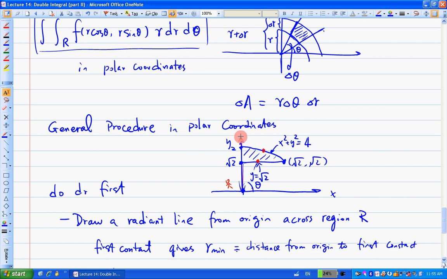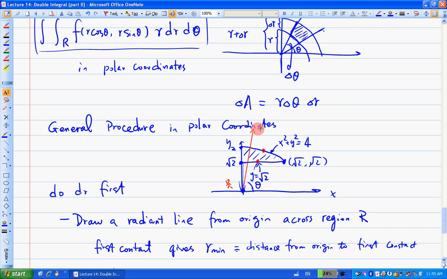Okay, not moving it, just rotate it across this whole region R. Find the corresponding theta bounds at the two edges for this region R.